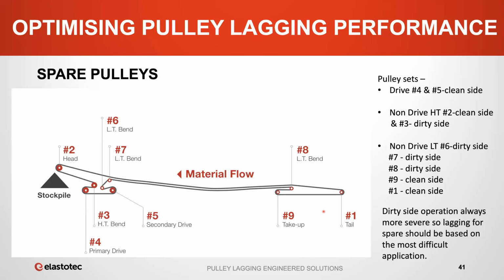So if I was selecting lagging for the spares, I'd be going for lagging for the dirty side, the more difficult side, which would be something like the polyurethane or the extreme rubber.